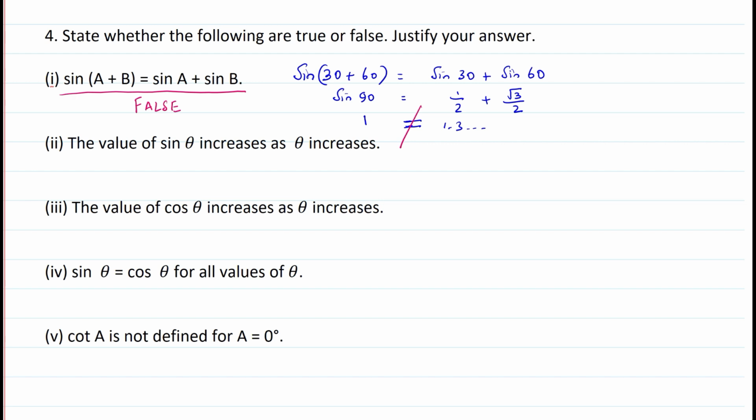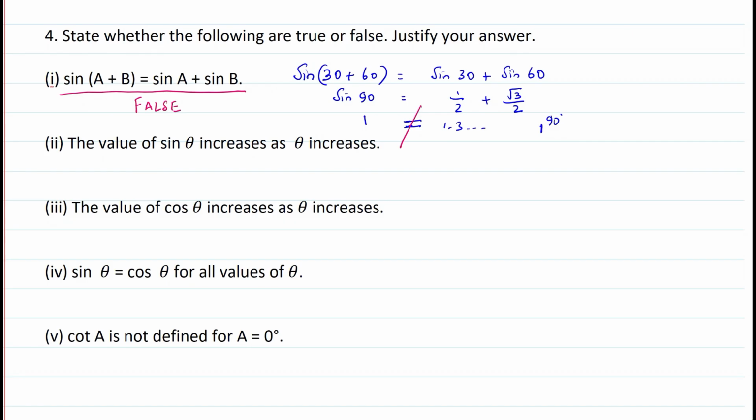Okay, let's see the next question. The value of sin theta increases as theta increases. For this question, they should have given the theta range, for example, 0 degrees to 90 degrees or 0 to 180 degrees, because the sin theta value goes up and down.